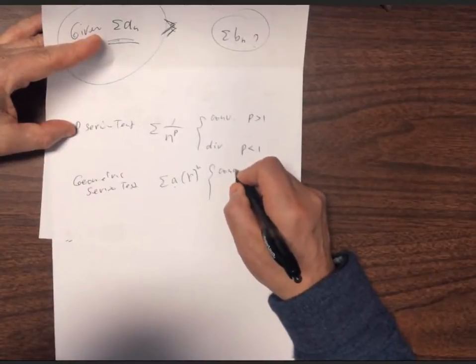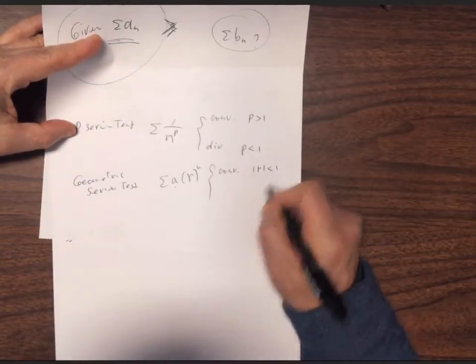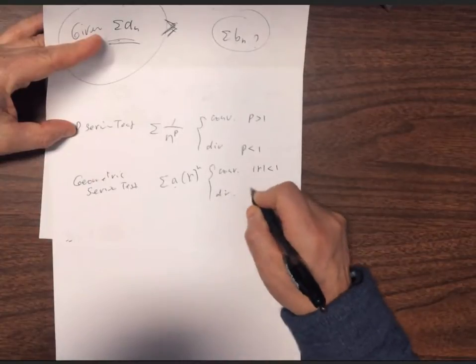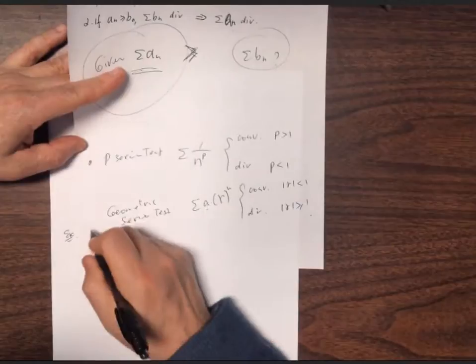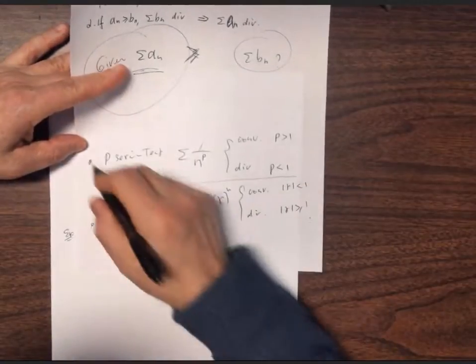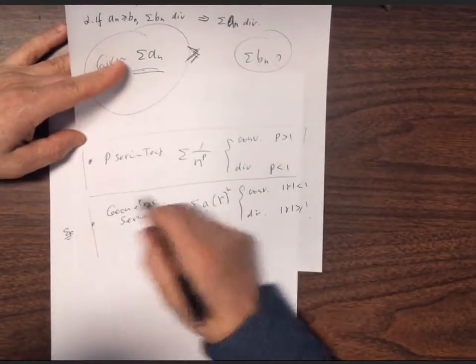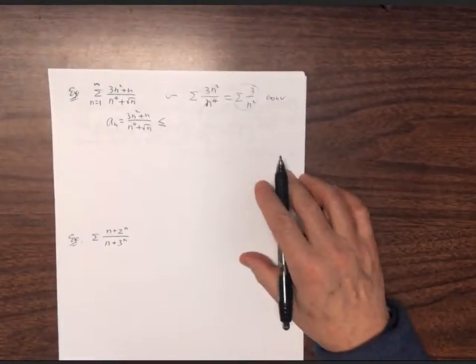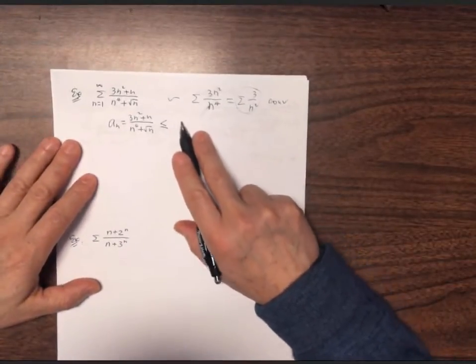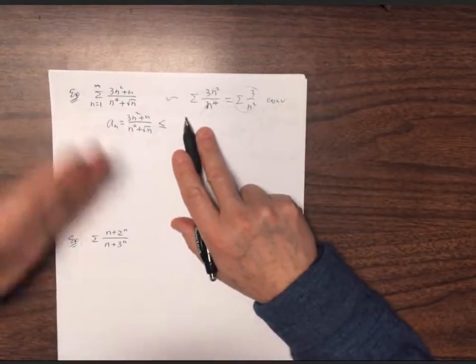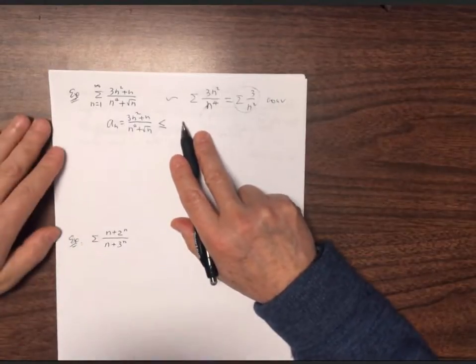This is going to converge if the absolute value of r is less than 1. It's going to diverge if the absolute value of r is greater than or equal to 1. So those are the two known simple tests we often use to claim whether the sigma b_n will converge or will diverge.